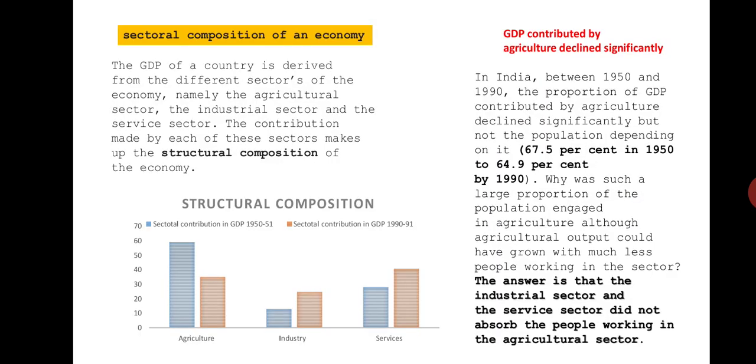If you go through the sectoral composition, you will understand that the GDP contribution by the agriculture sector reduced, and the contribution of the industrial and service sectors in that time period increased, which is a good indicator for economic development.